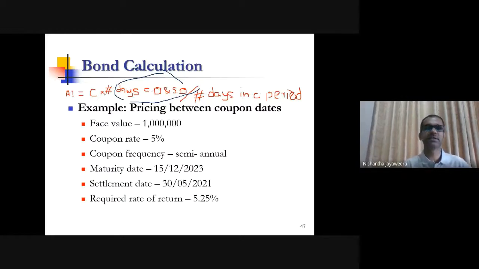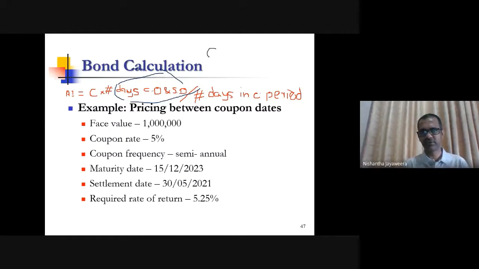So there was an answer saying that you divide by coupon frequency. You need that to calculate this C. What is that? How do you calculate the coupon? That is coupon rate into face value, divided by frequency.